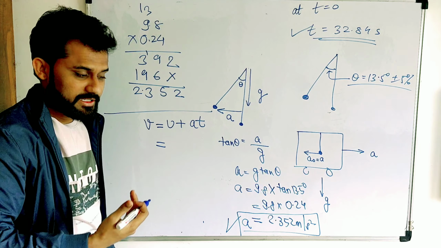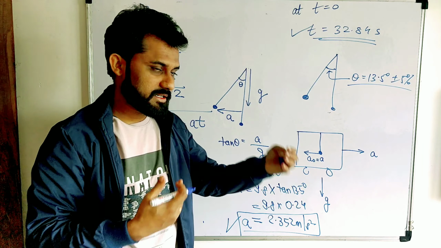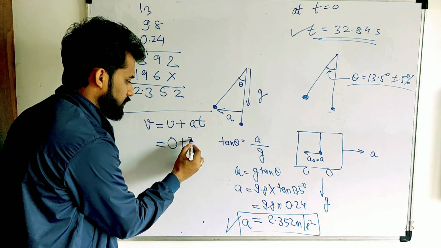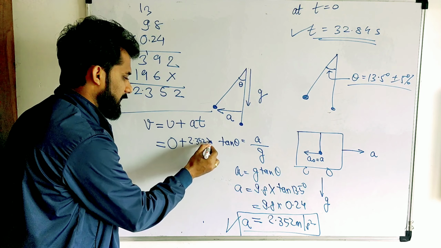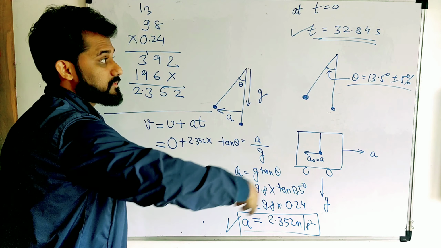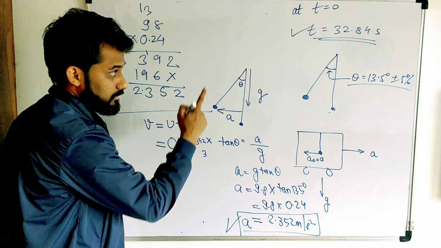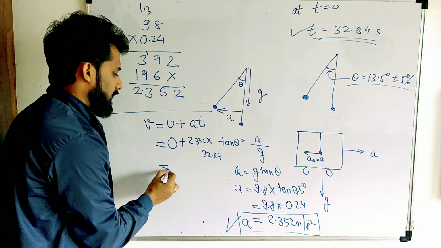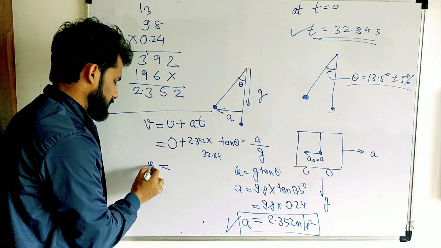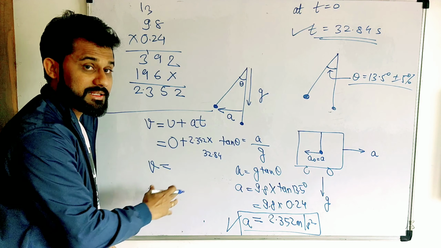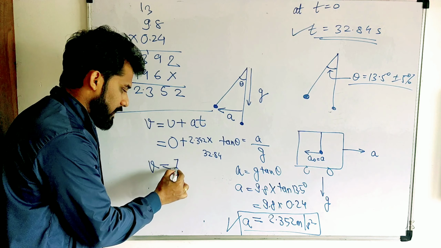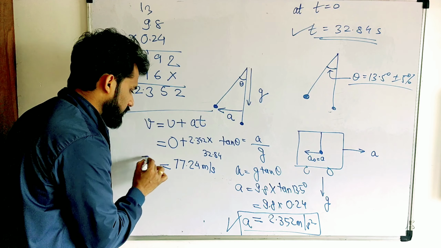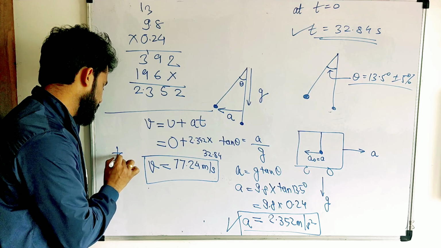Since before the journey started the plane was at rest, the initial speed is 0, plus the acceleration 2.352 times the time for which acceleration took place, which we recorded on the timer as 32.84 seconds. If you multiply this on a calculator, you will get about 77.24 meters per second. This was the takeoff speed of the aircraft.